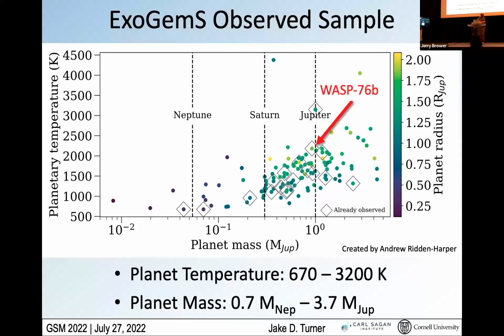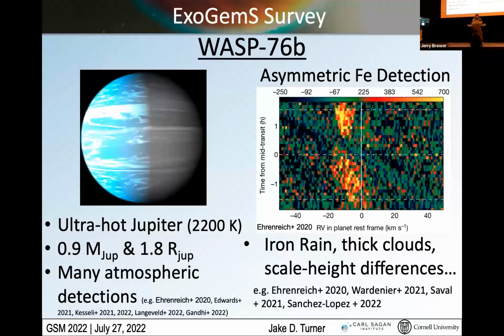So, not surprising to an exoplanet person, we're actually going to talk about WASP-76 first, which you just heard about. WASP-76 is an ultra-hot Jupiter, about 2,200 Kelvin, with many atmospheric detections, as we just learned in the previous talk.